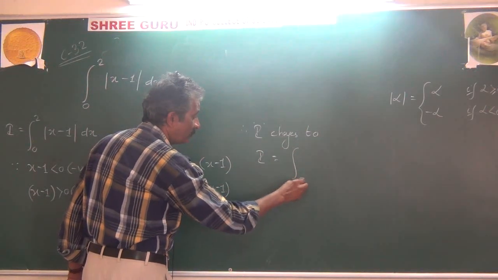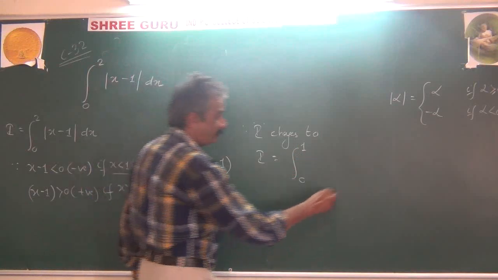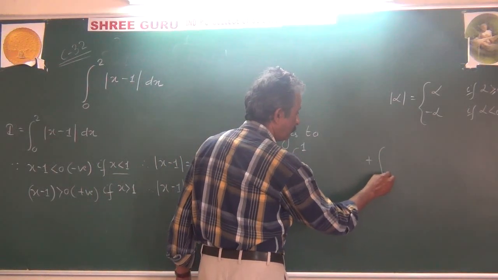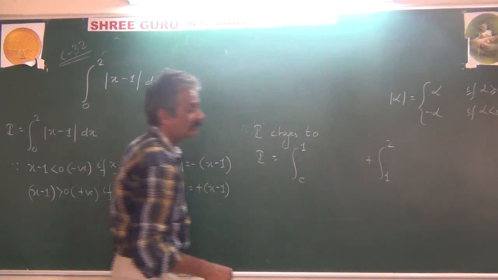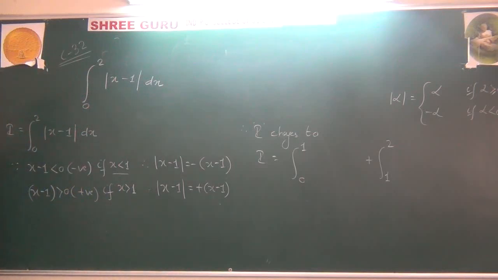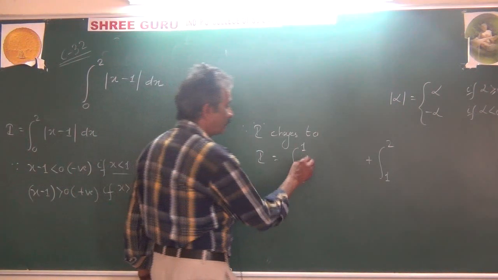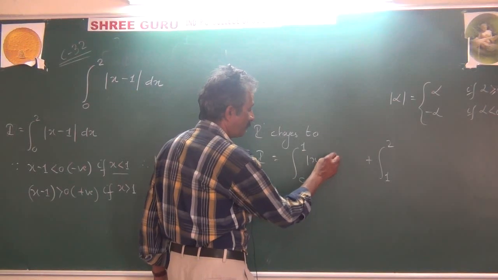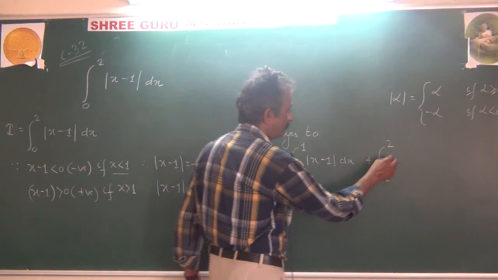one interval 0 to 1 plus another interval 1 to 2, because 0 to 1 is less than 1, 1 to 2 is more than 1. Mod x minus 1 plus mod x minus 1.